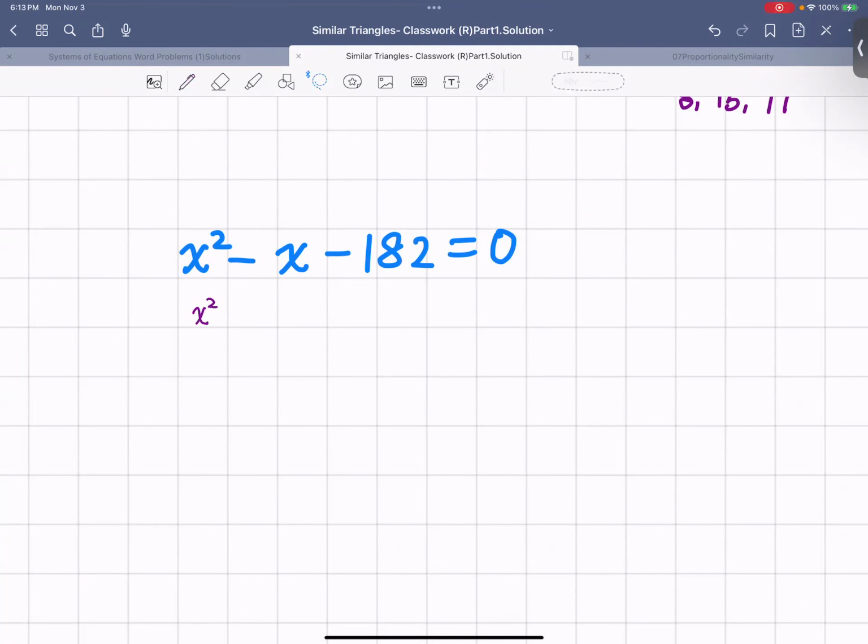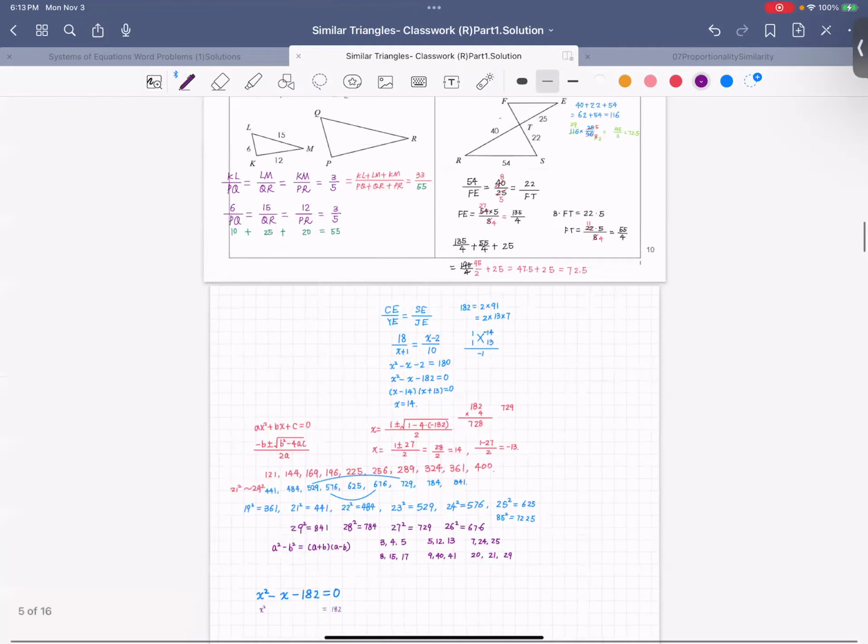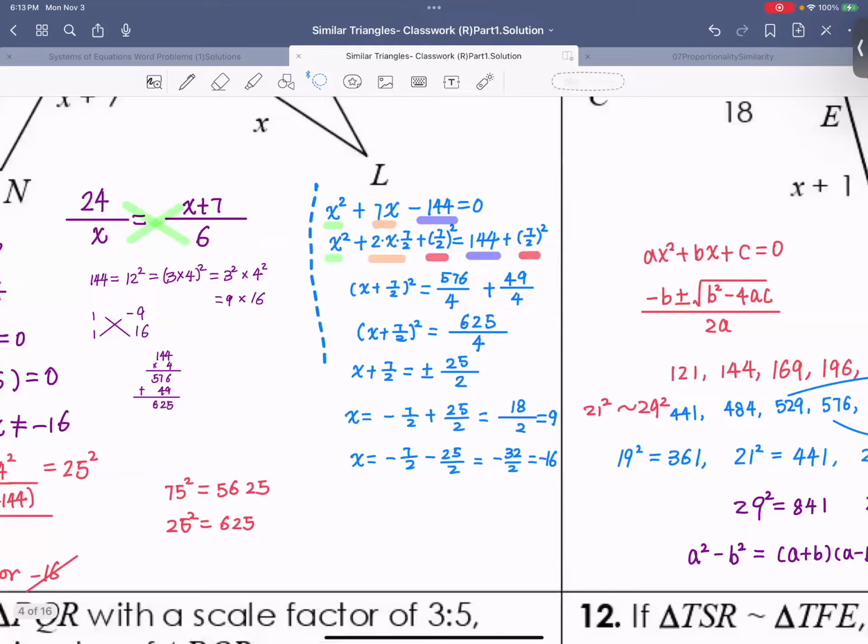So remember what Melissa showed you. You move this to the other side, right? Go. I can pull the work from Melissa so that you can follow step by step, okay? I'm going to pull this one.